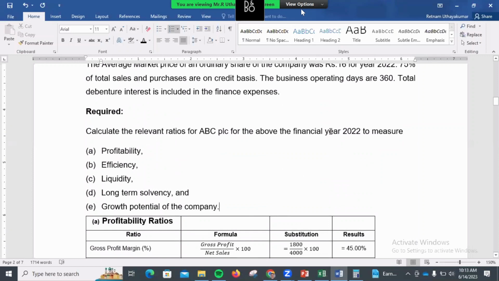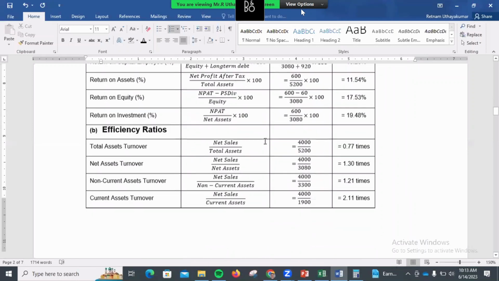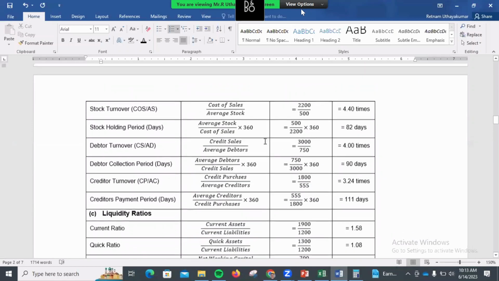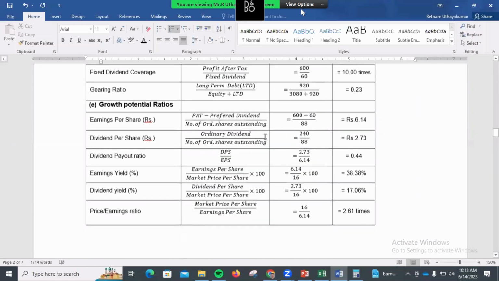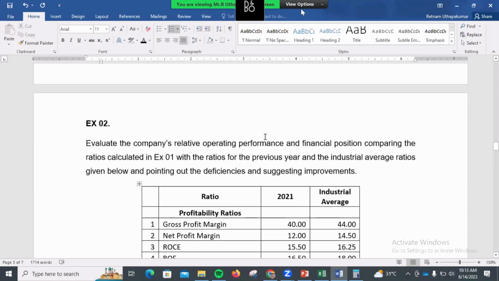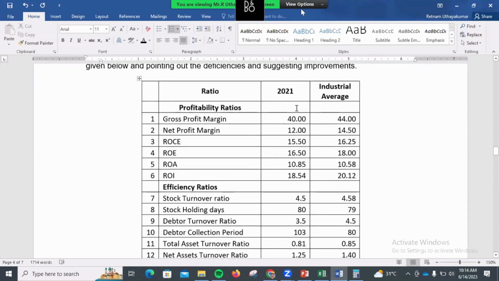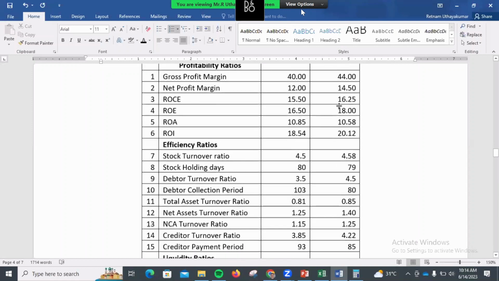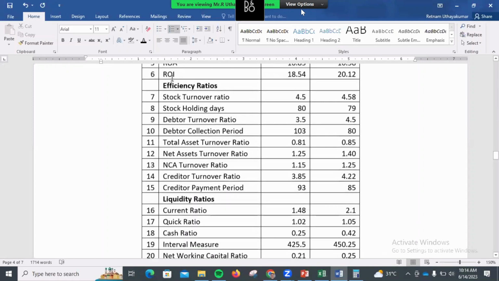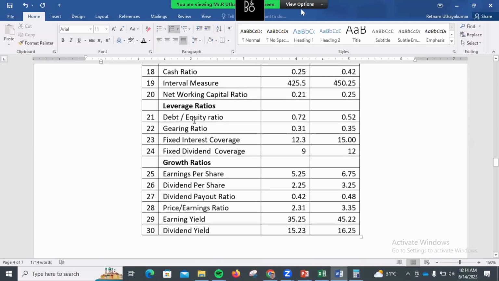You can't make any comments unless you have the previous year's data or the data of other similar firms. Those are called inter-year analysis, inter-firm analysis, and industrial average analysis. Here, both are given. The 2021 figures are given. The industrial average is also given for the ratios that you are calculating.